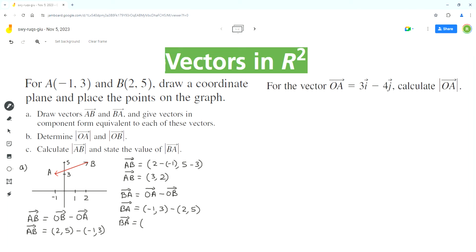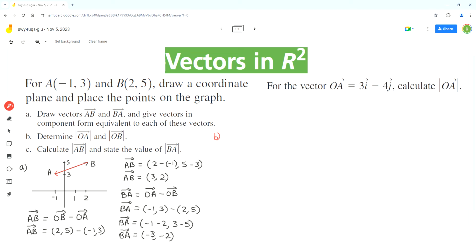Now we can subtract the x and y components. So this is vector BA in component form. So we are done with part A. Now we can analyze part B.